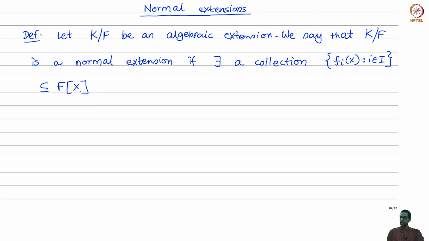So this collection f_i(x) is a subset of F[x] such that K is the splitting field of this collection.